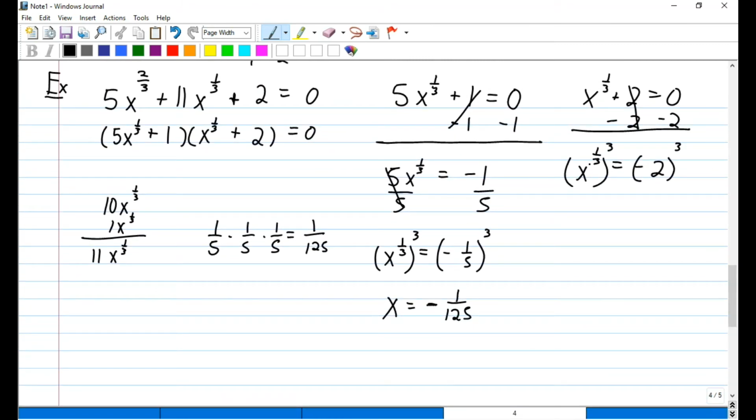So x to the 1/3 raised to the 3rd gives x equals negative 2 times negative 2 times negative 2, negative 8. So my two answers are x equals negative 8 and x equals negative 1/125.